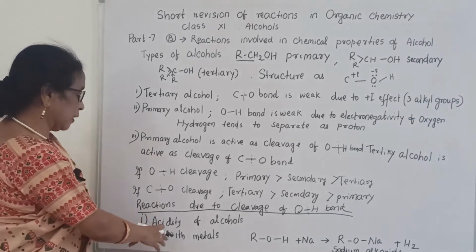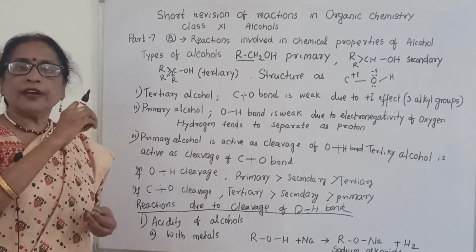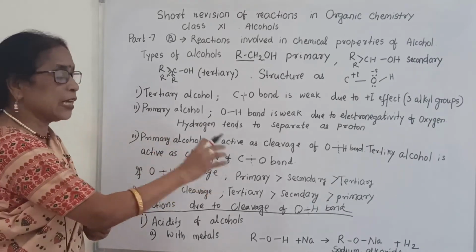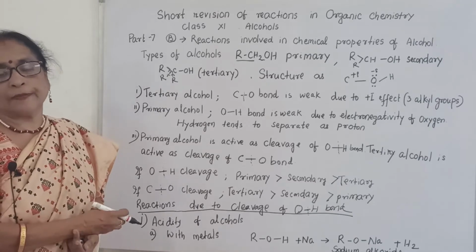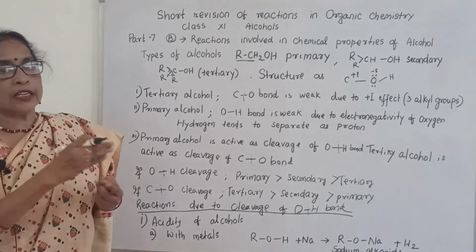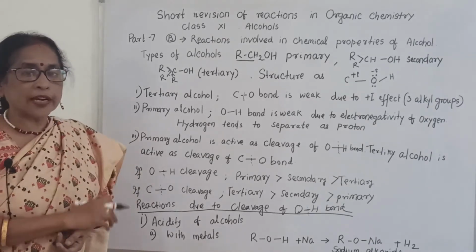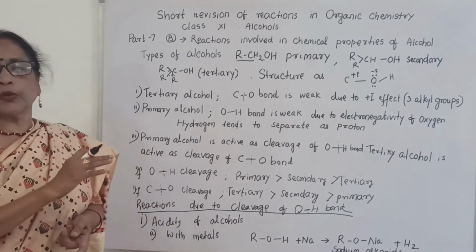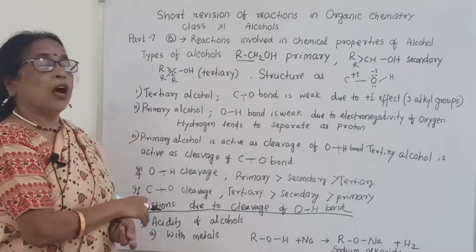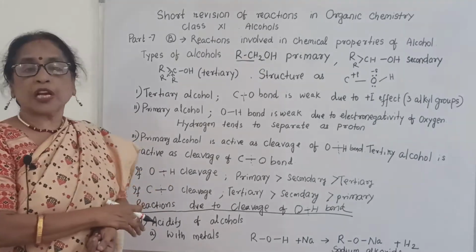With metals: when alcohol reacts with a metal, it gives hydrogen. This is the main characteristic of an acid. When an acid reacts with a metal, it gives hydrogen. Similarly, alcohol also reacts with a metal to give sodium alkoxide.